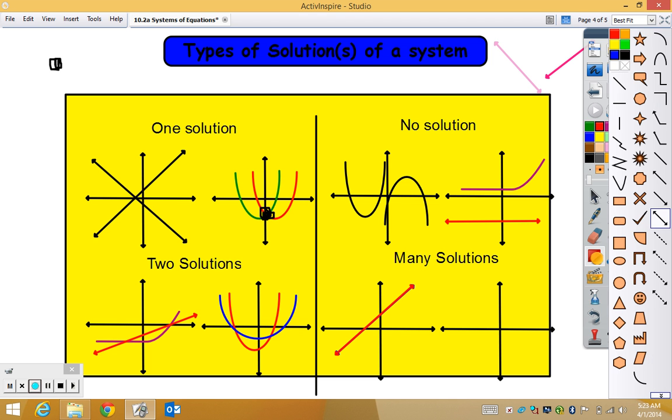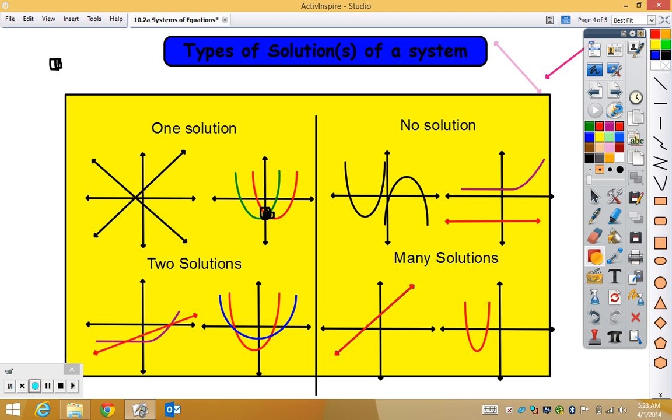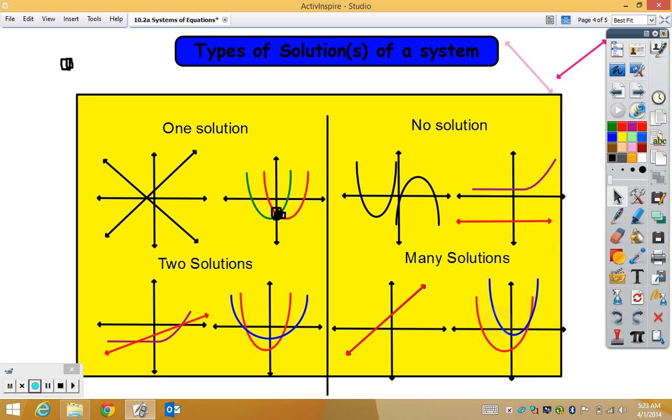Or I may have a parabola, like so, and then I may have another parabola just like it. Just make it a little bigger. So then they have many solutions. They touch many, many times. You can't even count.